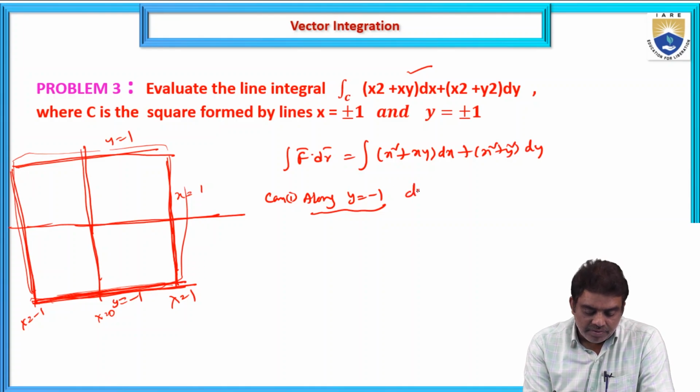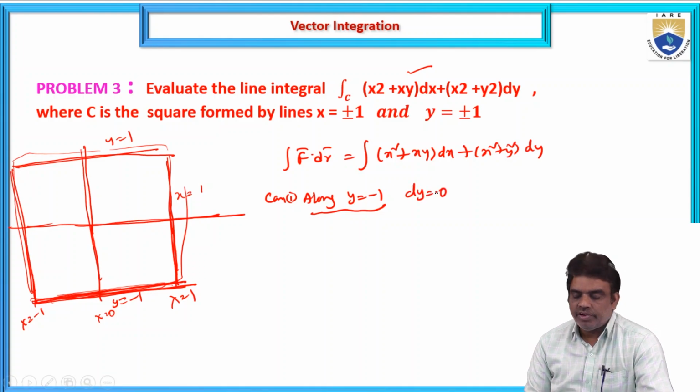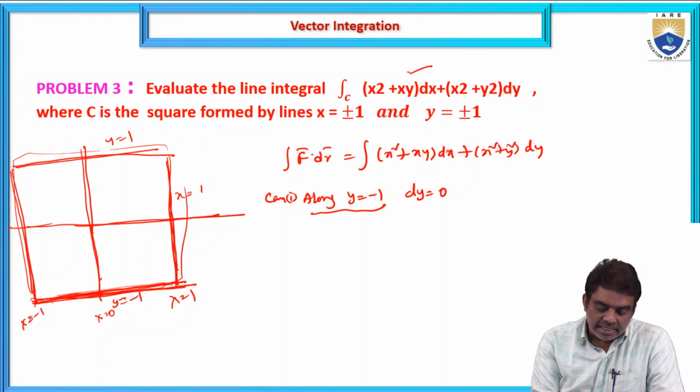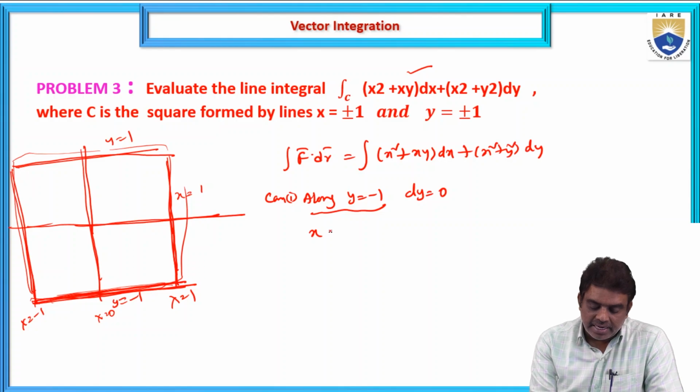This is y is equal to minus 1, right? Then dy is equal to 0. Y is equal to minus 1 means dy is equal to 0. But here x is a variable factor. X is varying from minus 1 to plus 1.